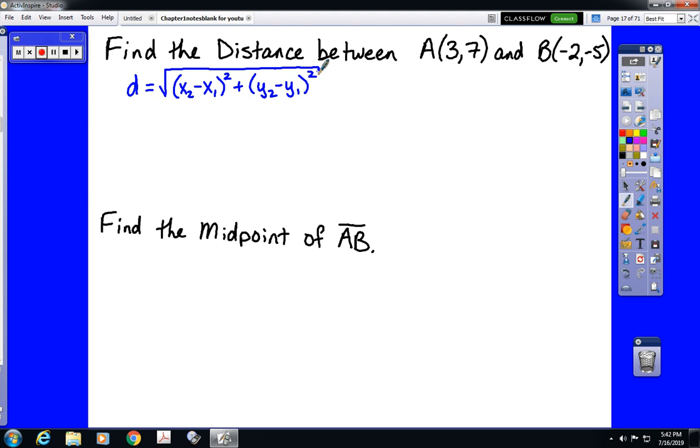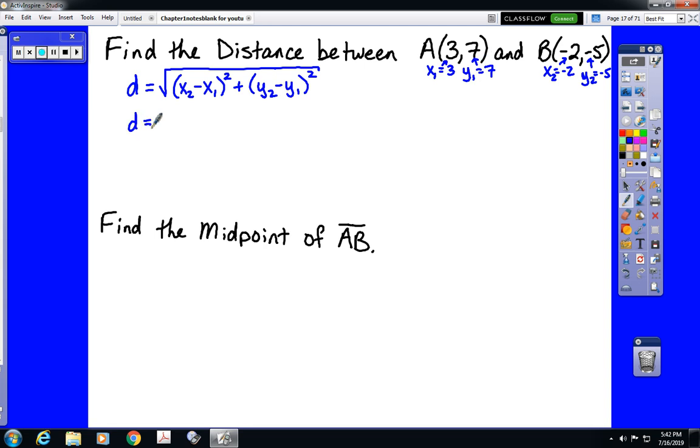Now keep in mind, x1 is 3, y1 is 7, just like slope formula from algebra. x2 is -2, and y2 is -5. So it's the same approach we would take if we were finding the slope of the line through those 2 points.